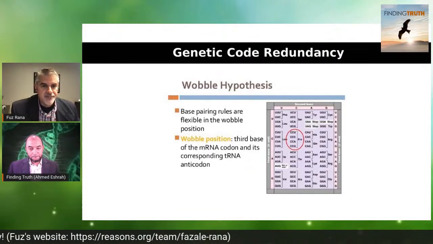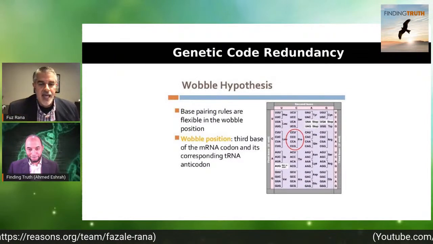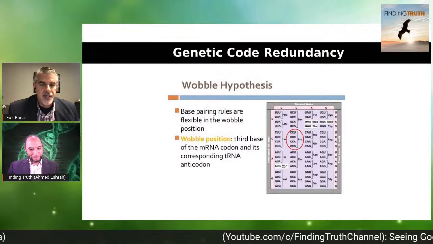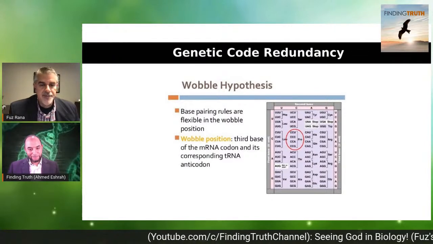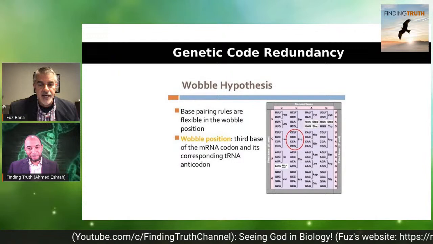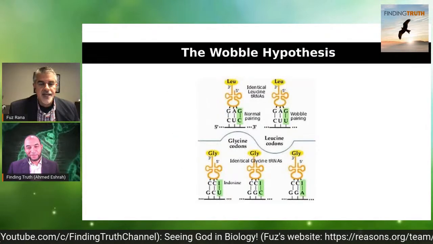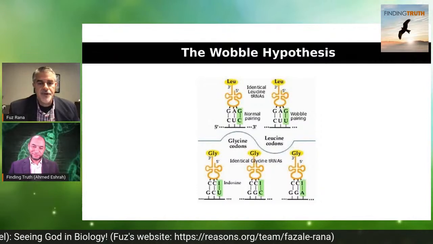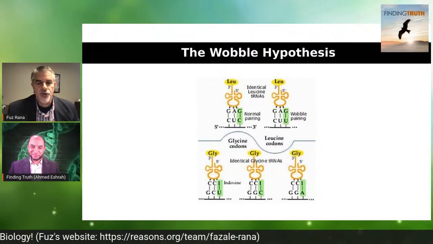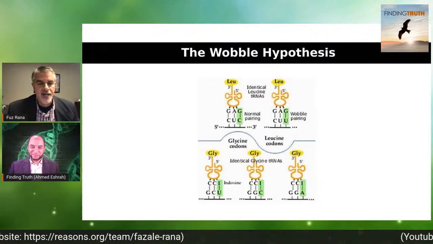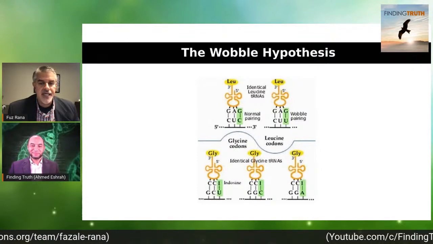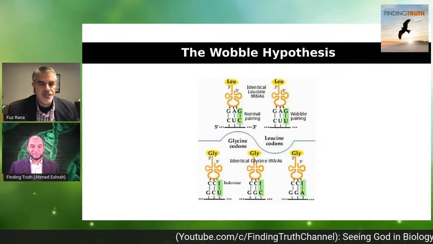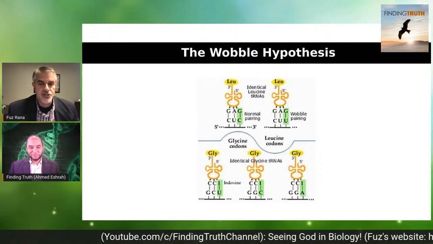So there's some slop in the system. The wobble position, which is the third base of the messenger RNA codon, and its corresponding tRNA position, has flexibility. This illustrates it. Let's say in the upper left-hand corner you've got the transfer RNA that's bringing leucine, and normally it would be a GAG pairing to a CUC on the messenger RNA.